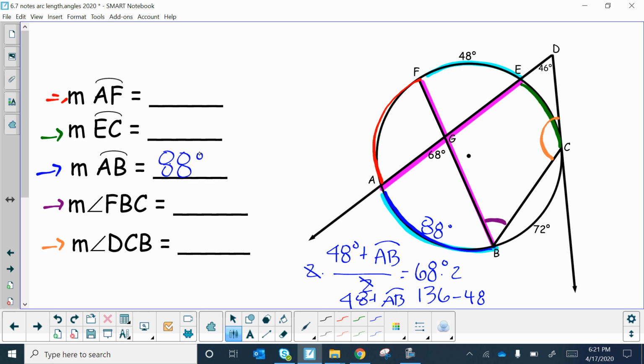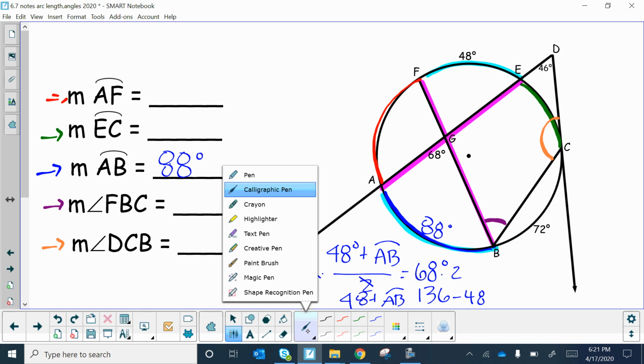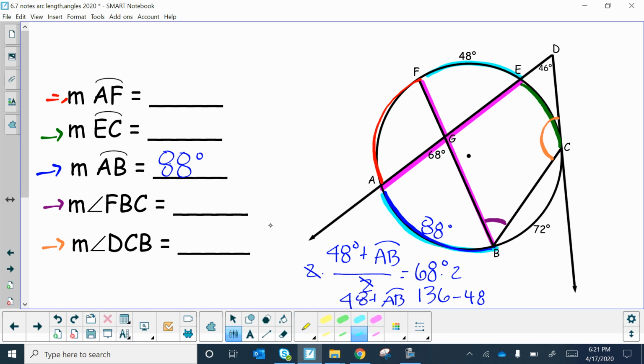All right, what would be the next easiest one? I think the green arc would be good, and I see that there's a lot of busyness on here. That's what makes circles kind of challenging. So let me get my highlighter and try to use different colors. I have this big secant and that one.